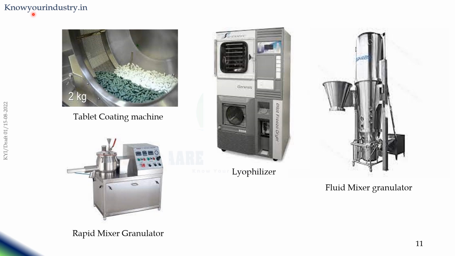You can add the powder into the vessel and add the fluid on top of this with a controlled spraying rate. And this is something like a fluid bed granulator, where you can perform the coating as well as top spray granulations. You can load the pellets at the bottom and do the bottom spray coating, and you can load the powder and also use a top spray granulation technique.